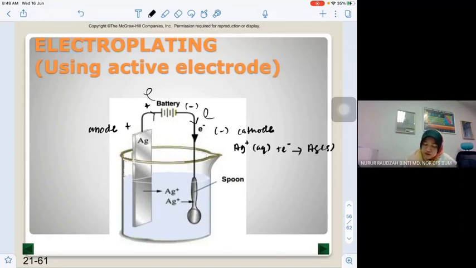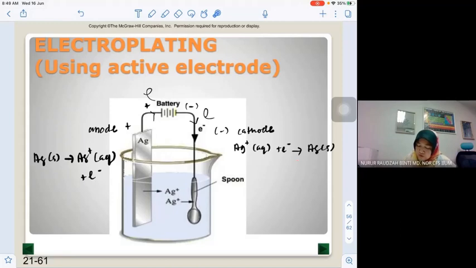As for the anode, the Ag solid from the electrode turns to Ag+ aqueous with 1 mole of electron. So this is what happens at the anode, and this is what happens at the cathode.